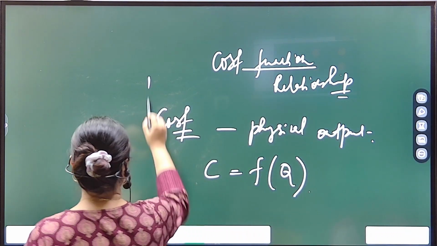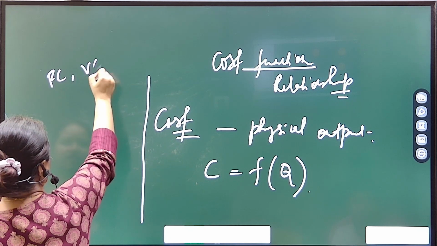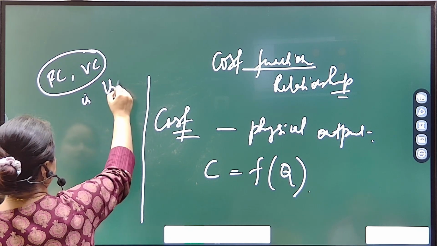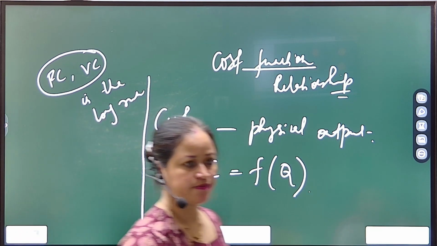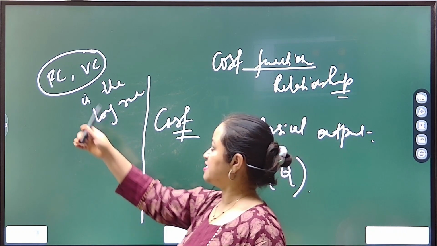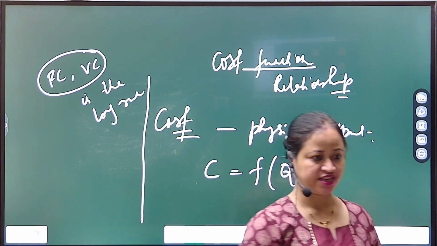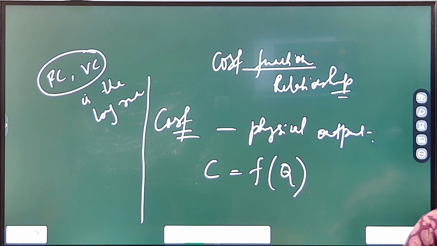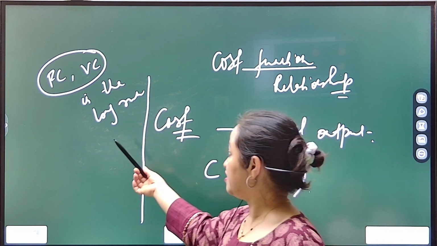One more thing I want to tell you, there is nothing called fixed cost and variable cost in the long run. In the short run, there is a fixed cost and there is a variable cost. But in the long run, even fixed cost can be changed. You can buy more units, more fixed assets and all.